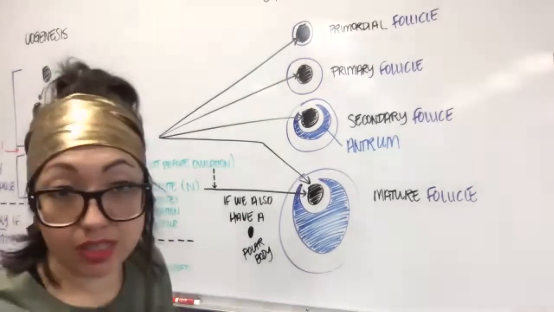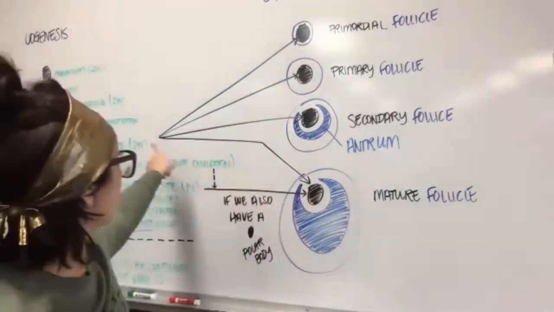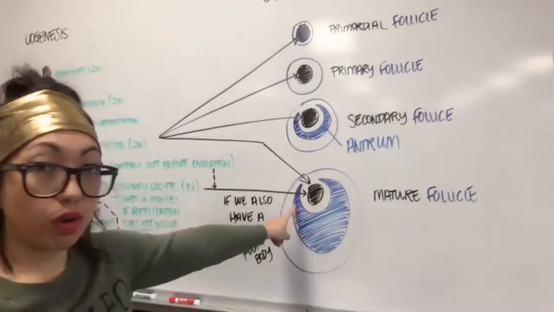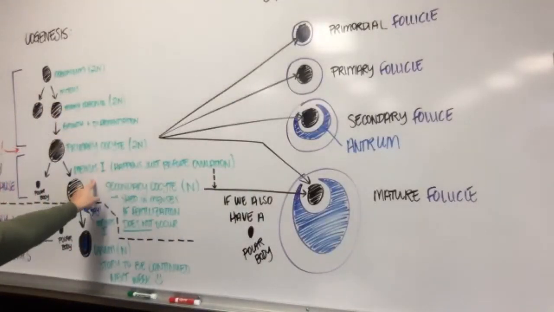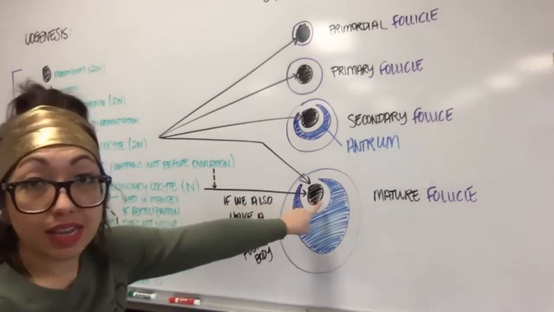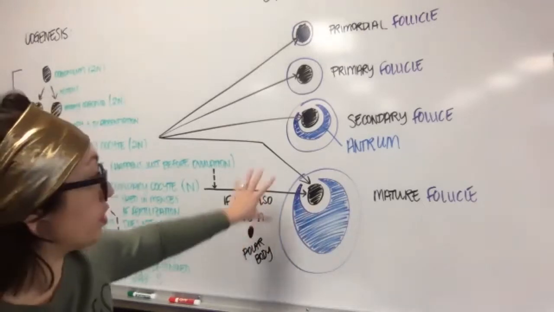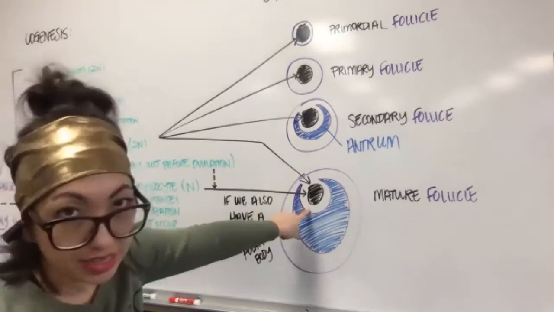The exception to that would be the mature follicle. But remember, it starts off with a primary, but just hours before ovulation, right before ovulation, it will go through meiosis 1, and that's when we produce the secondary oocyte. And how do we know, if we were just to look at this, how would we know we had a secondary?